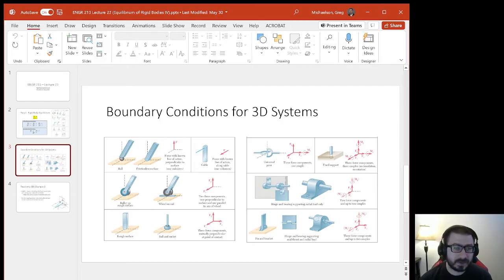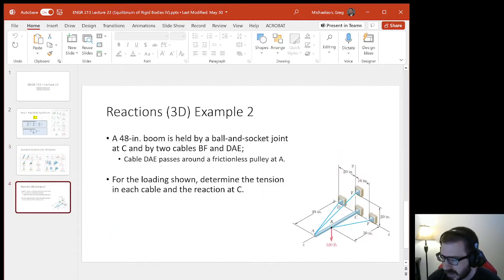Maybe cables or maybe ball boundary conditions that only have a force in one direction. But again, 3D equilibrium problems don't really get more difficult depending upon the boundary conditions that you use. They just get longer. That's really the theme with 3D problems: they're not harder, at least I don't think they're harder, but they do tend to be longer and there are more steps. So we're going to spend this video going through this example.